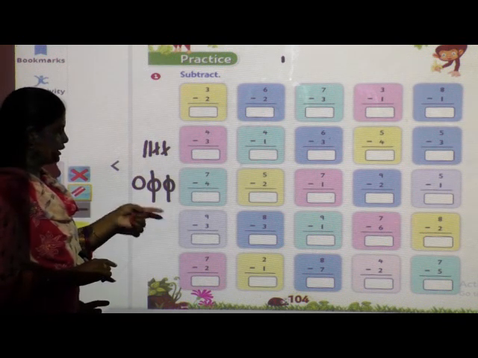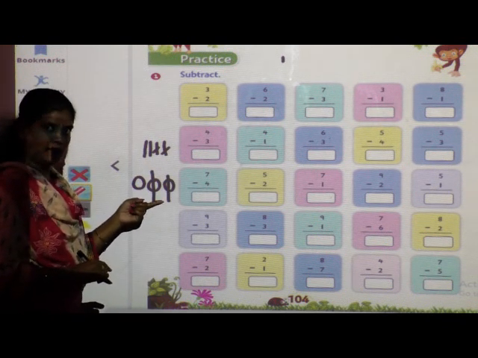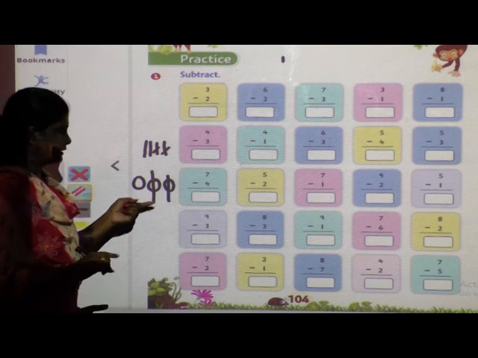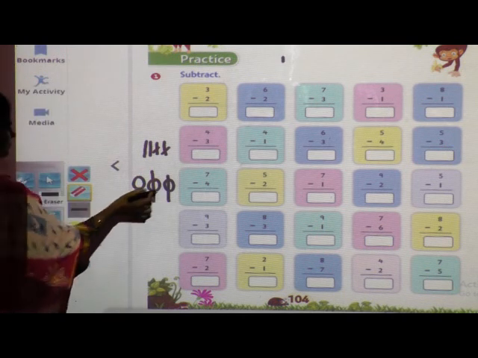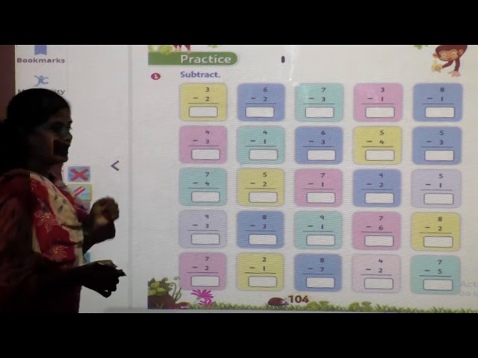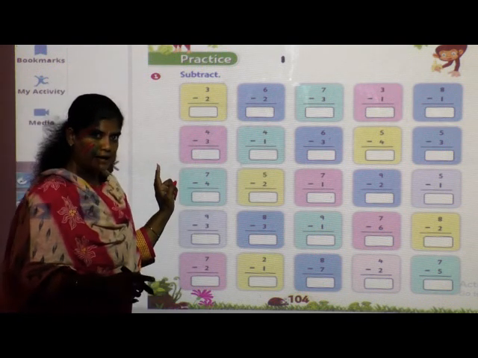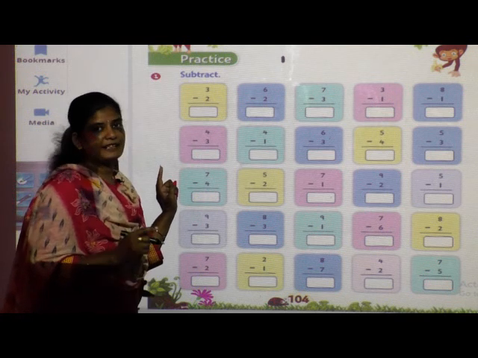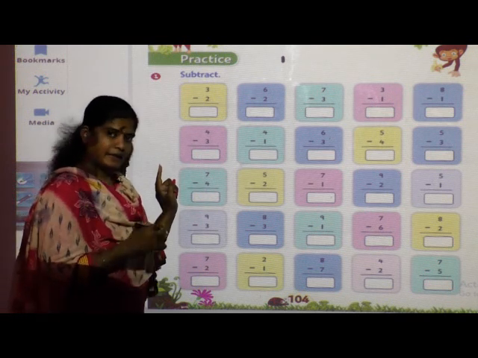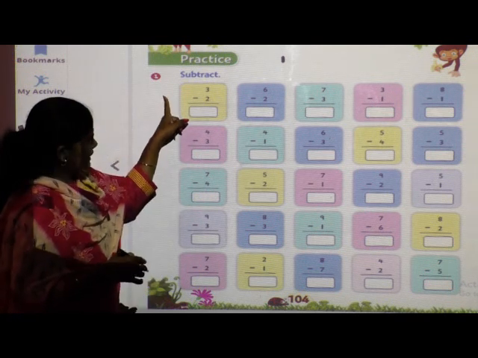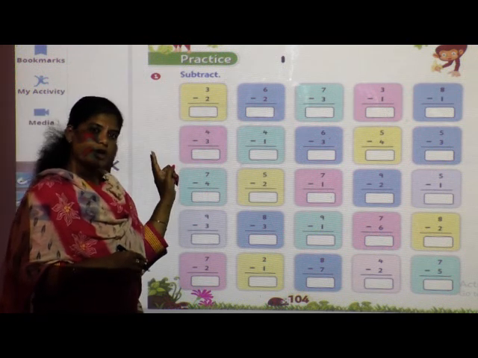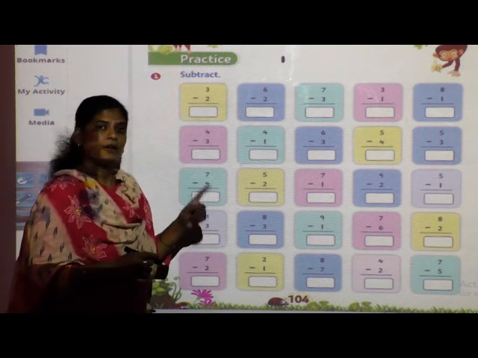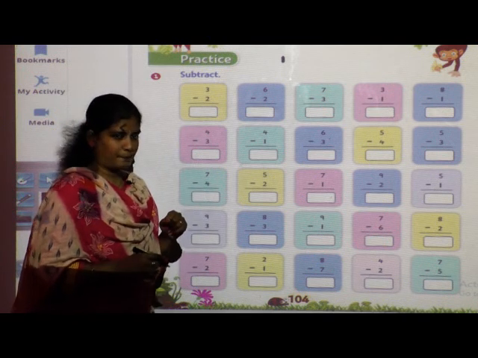So we are going to learn to draw the circle and count, cut and write. But remember, whenever you are doing addition you can draw lines, so it is easy to count. But in subtraction you have to draw circles, because the circle is a little bigger, and when we cut it we can understand and count properly.